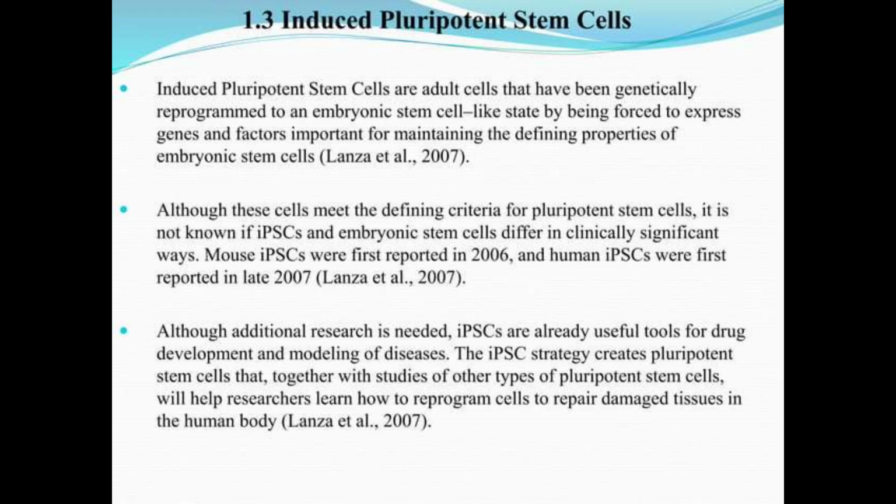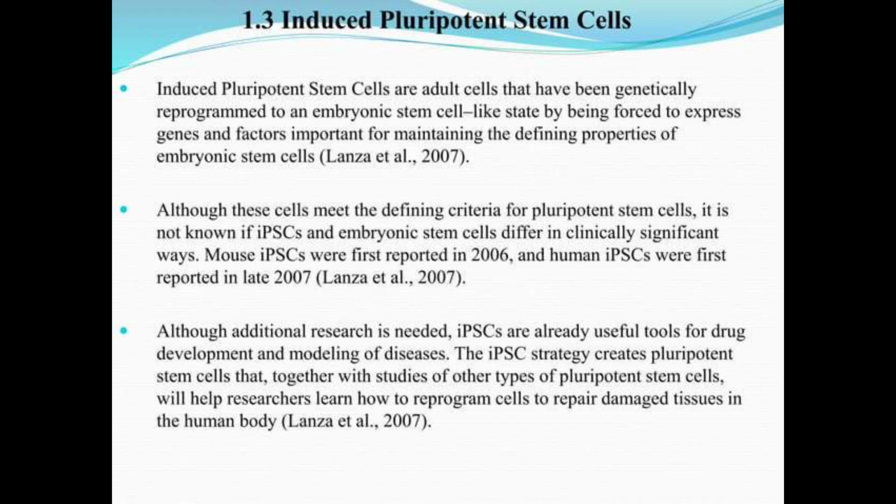So what we do is convert, or push back, our adult stem cells to the embryonic stage by adding growth factors and other agents necessary for the reprogramming process. Such pluripotent stem cells are called iPSCs, that is induced pluripotent stem cells.